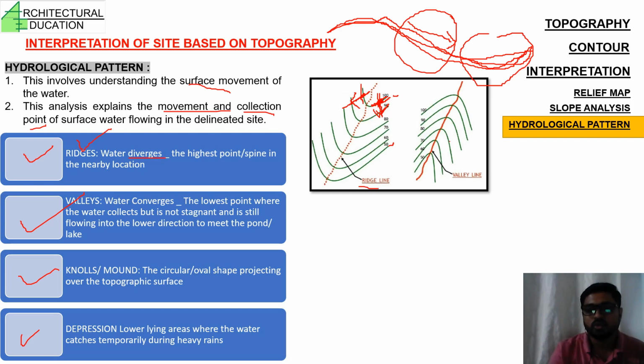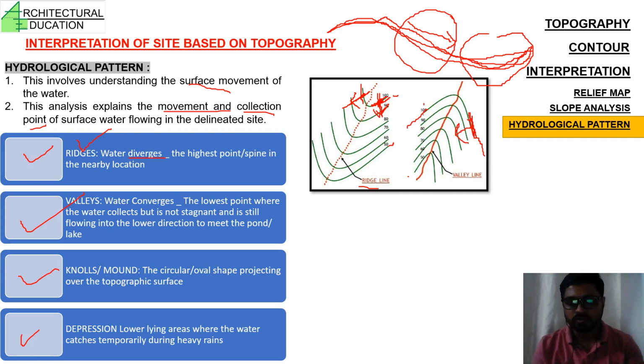Whereas when you draw the same line over here parallel and then you draw a perpendicular line, and here also when you do the same thing, what is happening over here? Sorry, actually I have drawn wrong over here. So this is the higher and this is the lower. At this point the water will be going perpendicular to the contour line.